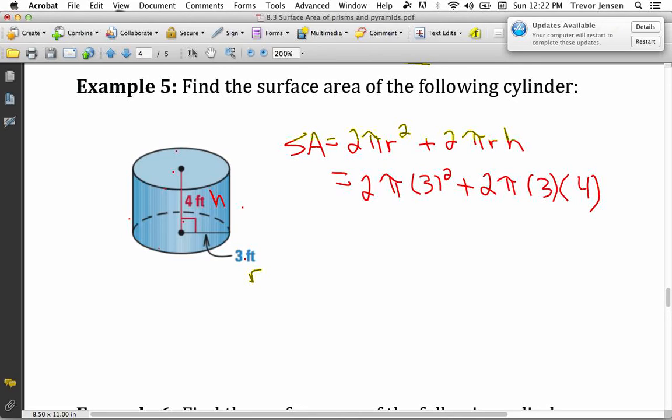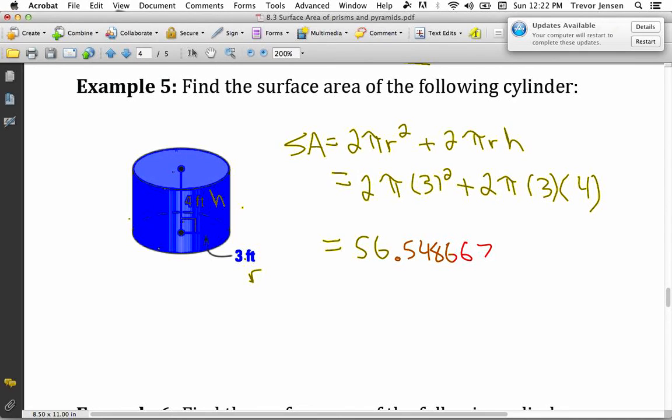Okay, now let's actually evaluate this. The order of operations tells me to do the exponents first, so I can do 3 squared first, which is 9, and then do the multiplication. So 2 times pi times 9 gives me 56.5486, and so on.